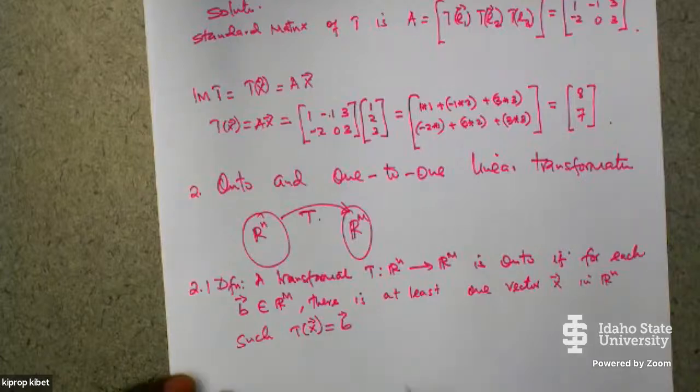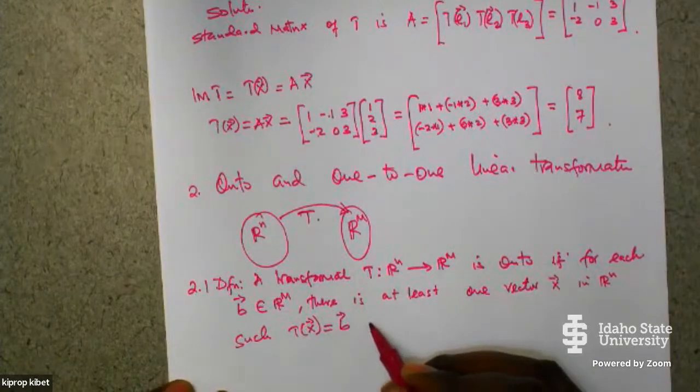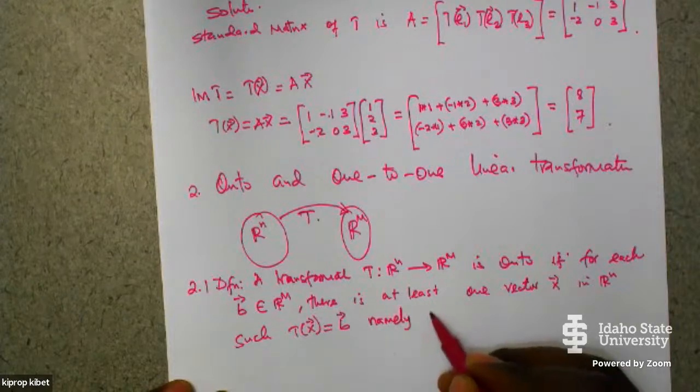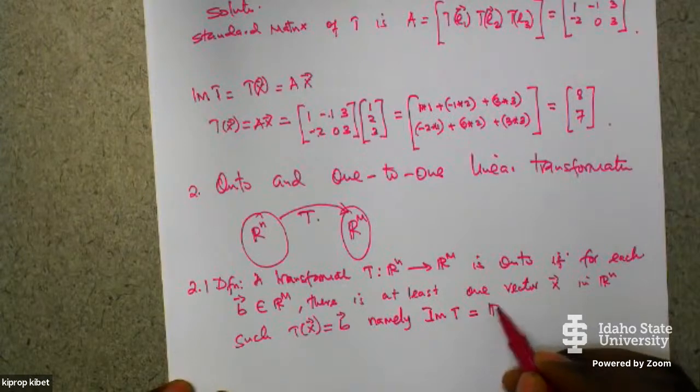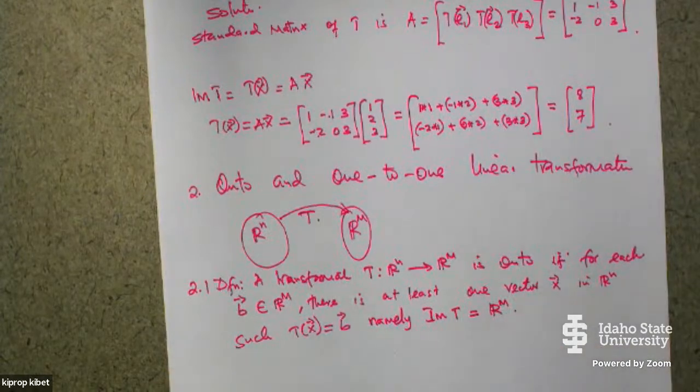And this is actually the same as saying the image of T is equal to Rm. So every element in Rm has at least one vector in Rn mapping to it.